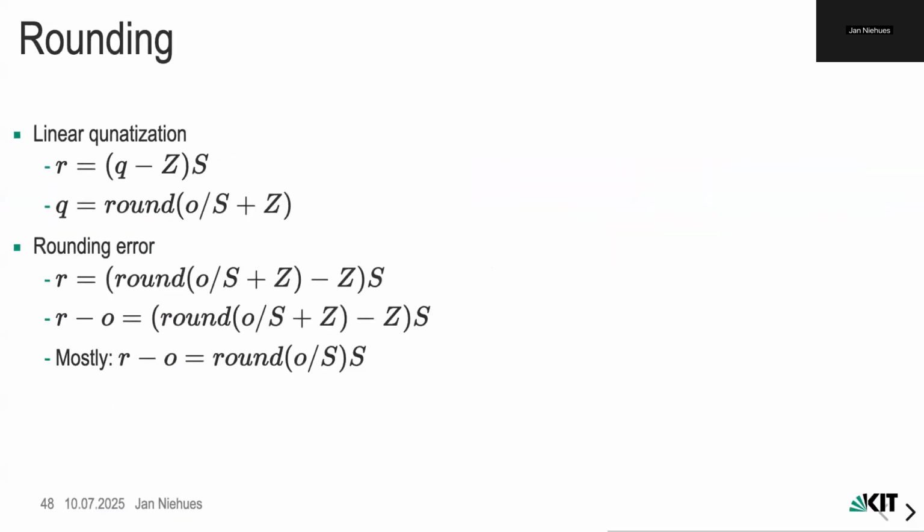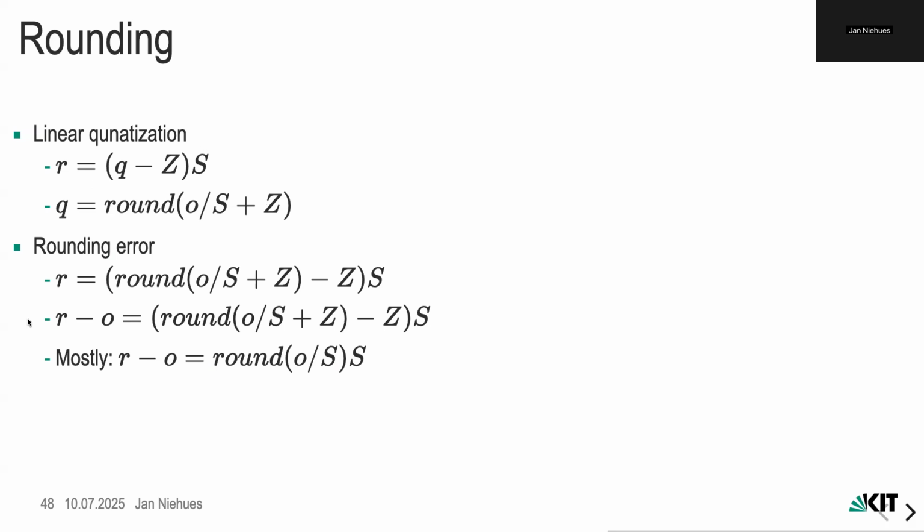So how do we assign the quantized value? We said in linear quantization, R is Q minus Z divided by S. To get the quantized value Q, we take the original value divided by S plus Z. This is the straightforward way, I guess all of you would do it. You take your original value, divide it by S, add Z, and then you get your rounded value.